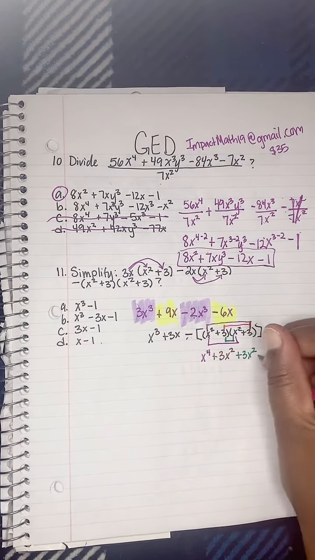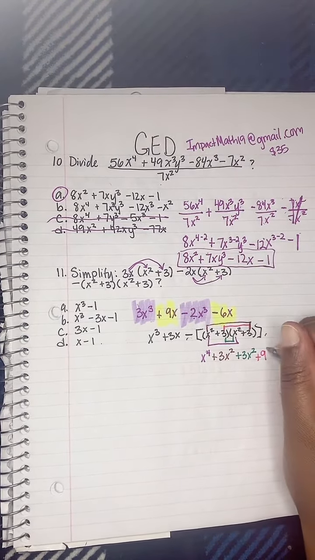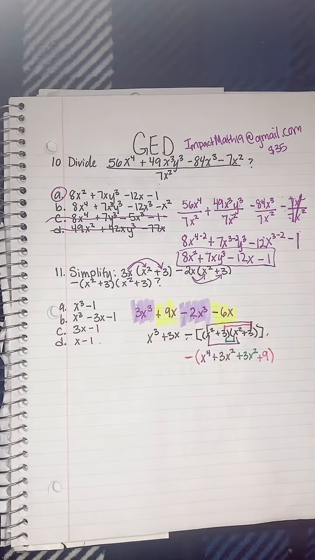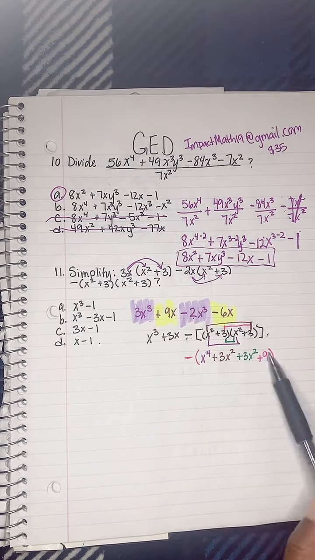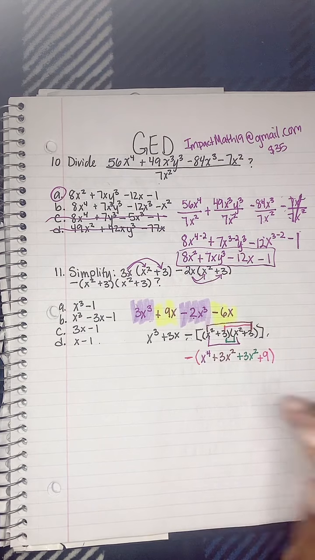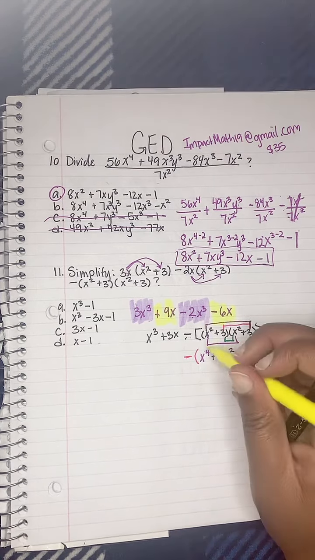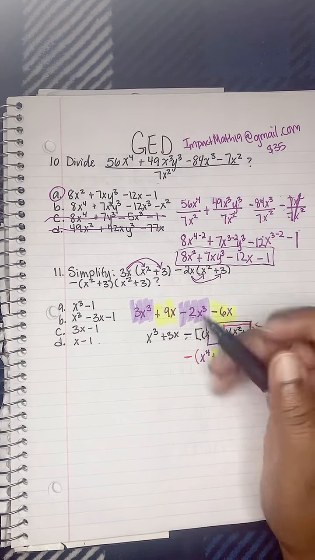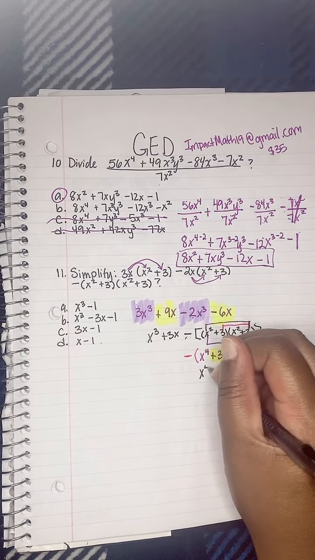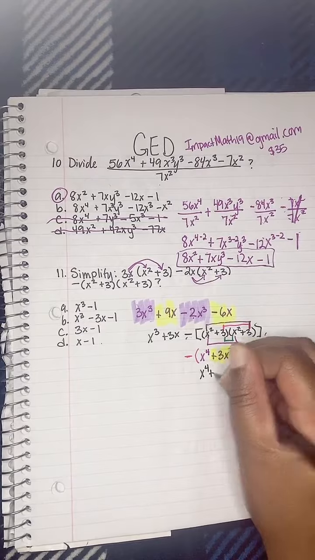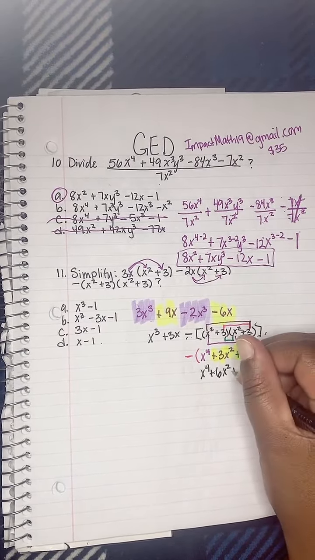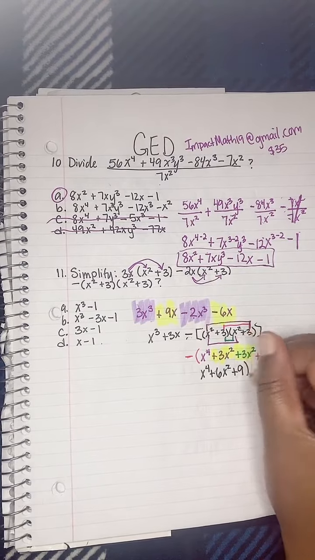So 3 times 3 gets us 9. Now we have to keep the parentheses because we have this minus sign there. Okay, that's very important. If you don't put these parentheses, it's going to change your whole thing. So here we have some like terms in the middle. And we have x to the fourth plus 6x squared plus 9.